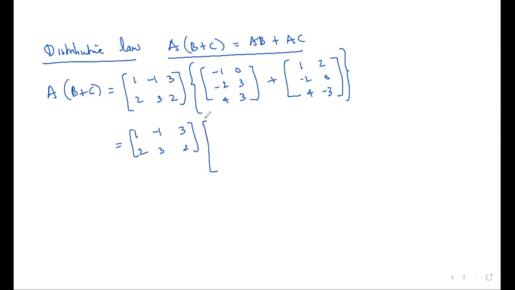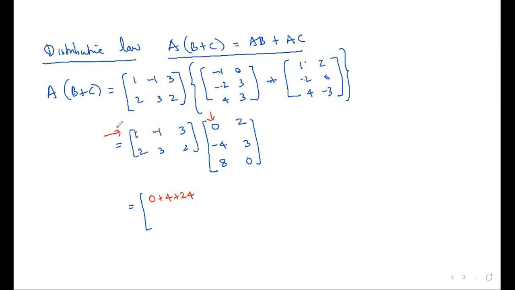Now add them up. Minus 1 plus 1, 0 plus 2, minus 2 plus minus 2, 3 plus 0, 4 plus 4, 3 minus 3. Which is equal to, again, sleeping versus standing. So what is your answer? 0 plus 4 plus 24.